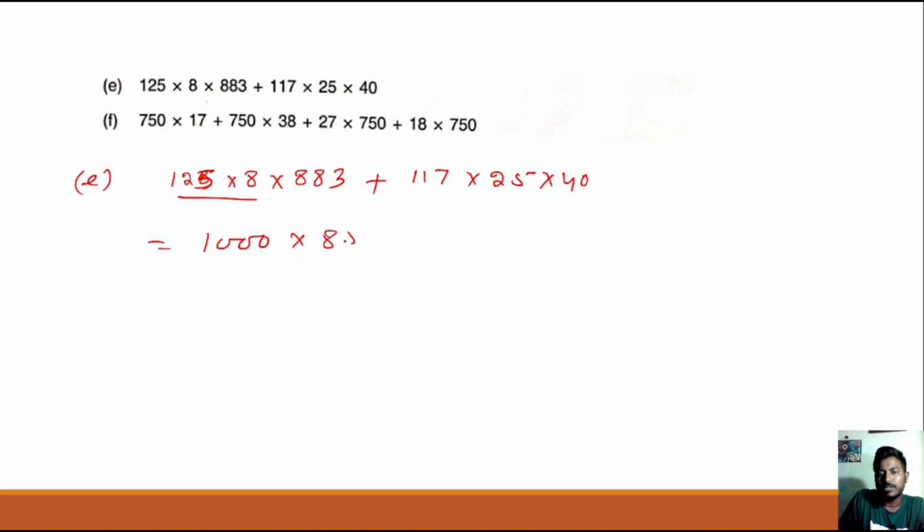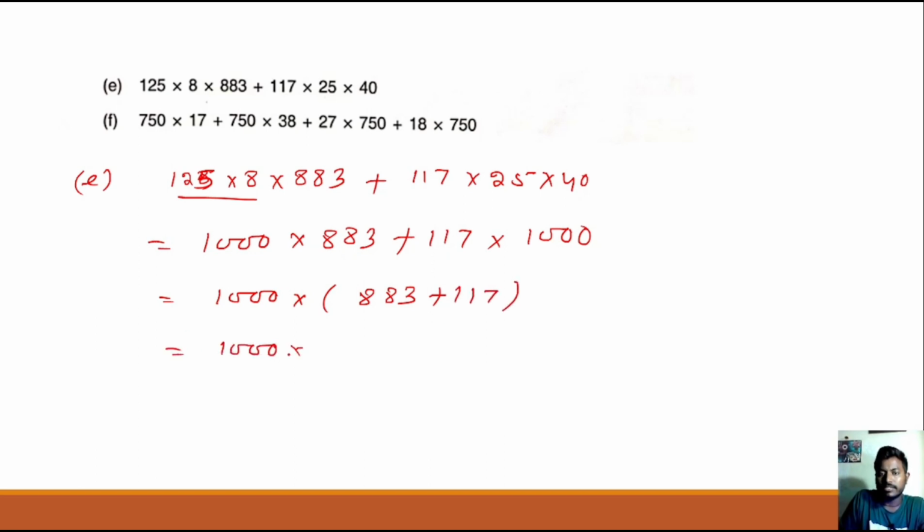Into 883 plus 117 into 25 4 ja 100, then 1000. Then take common 1000, then bracket the remaining is 883 plus 117. So 1000 into 1000, so 10 lakh.